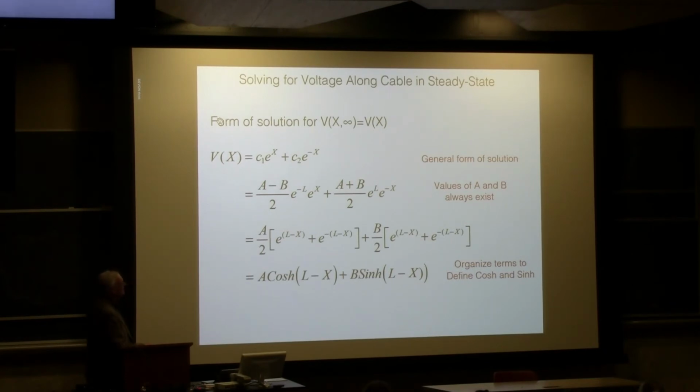The first mathematical trick he used was to define these constants A and B and rewrite C1 and C2 in terms of A and B and e raised to the power either negative L or L, where L is the length of that cable. This is just a number, and you can always pick A's and B's that do this. You can derive what they are in terms of C1 and C2. So you can always rewrite the solution like so.